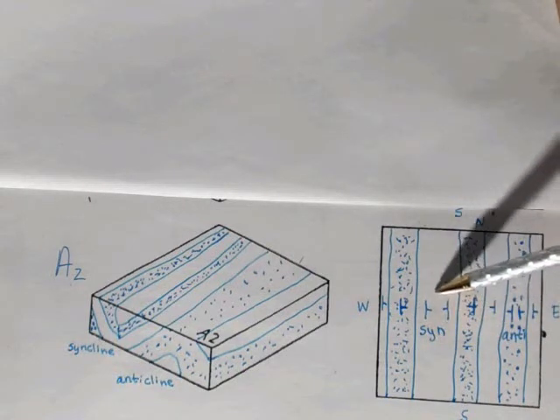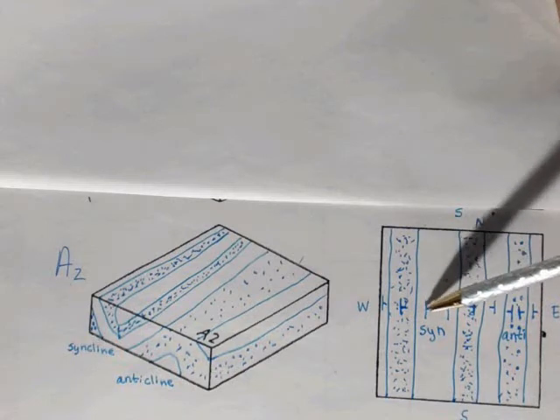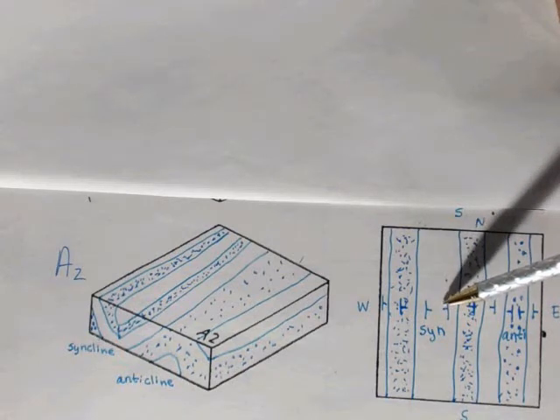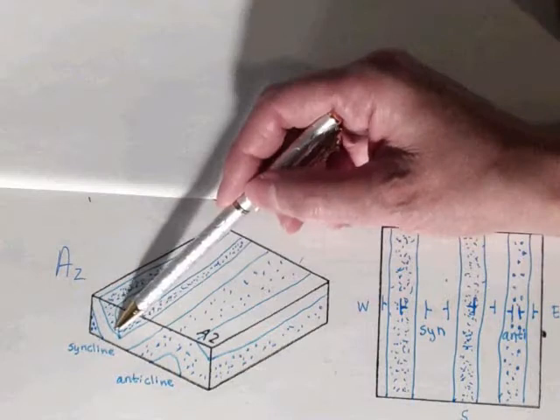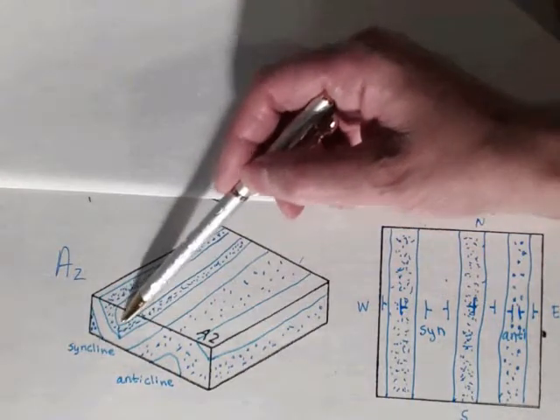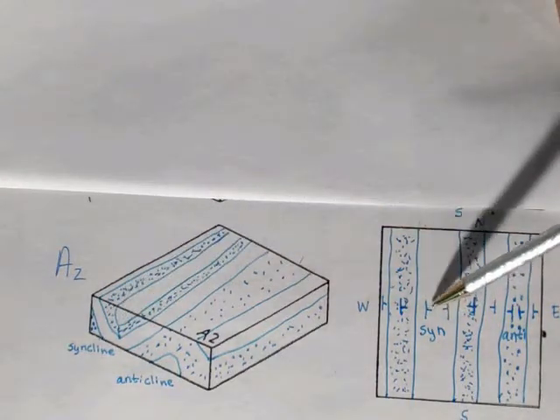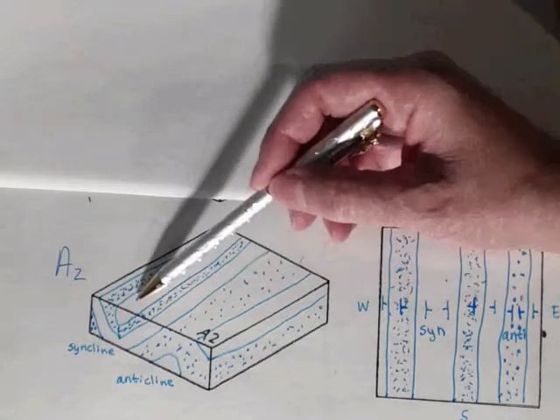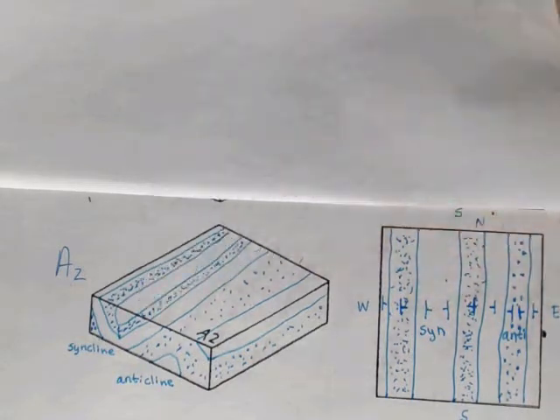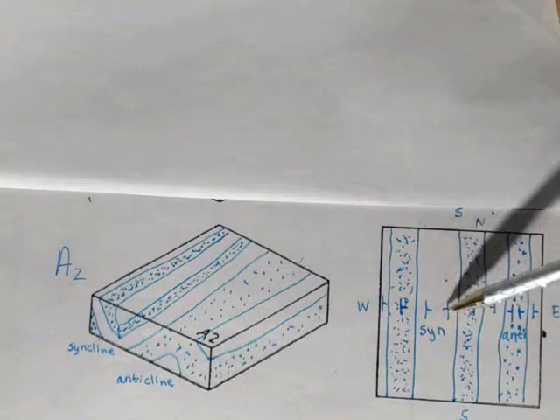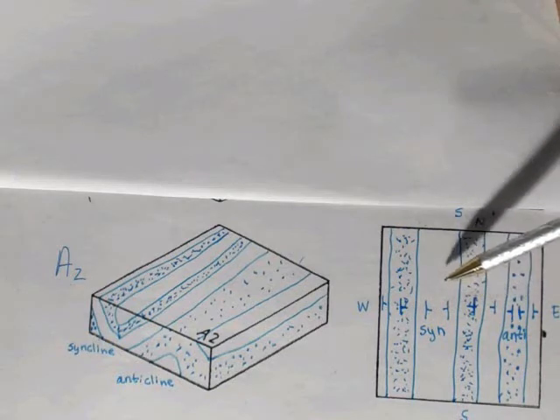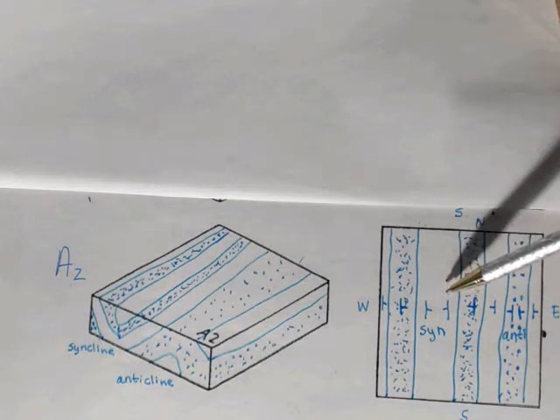This little combo of two strikes with the dips going toward one another signifies that you're at the base of that trough, right at the bottom. Water would be going from that side and that side toward one another. So the two strikes with the dips going toward one another signify the base of that syncline.